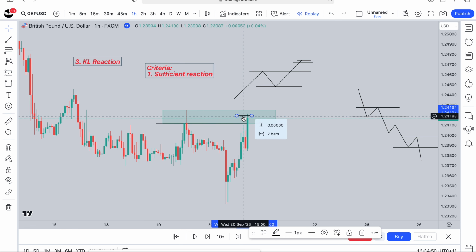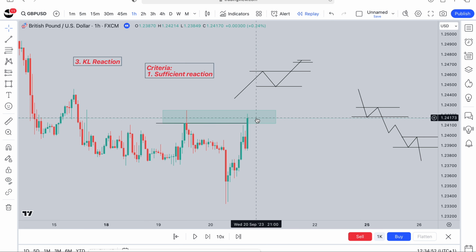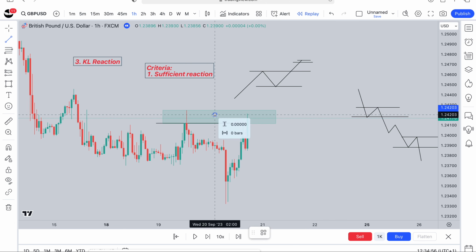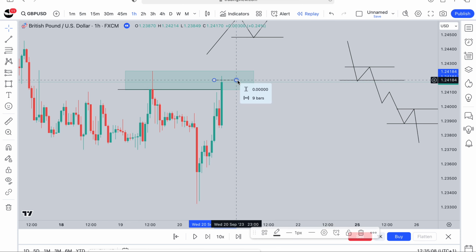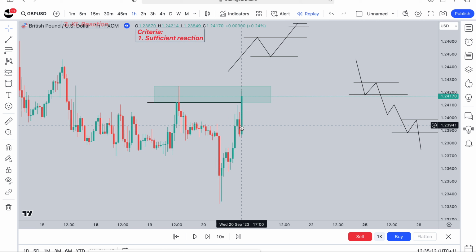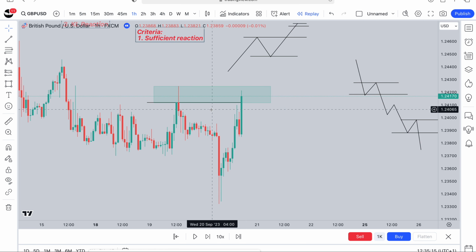What I mean by this, guys, is that the 1 hour has to leave some kind of a wick. It can't be a tiny little miniature wick that you can't even see. If price went and did something like this, if the candle closed by here, at this point, this is like the minimum. So you just have to see a wick and then boom, you're good to go again.